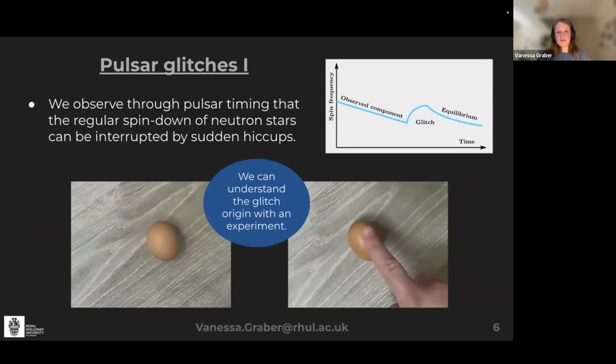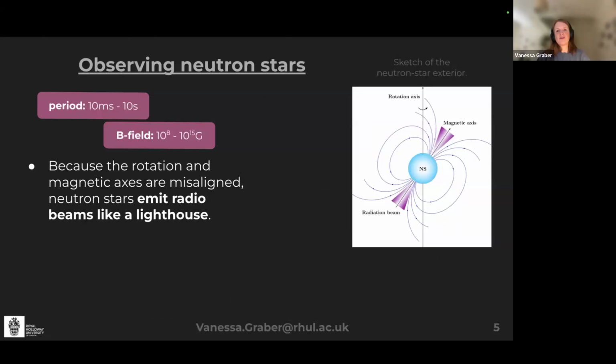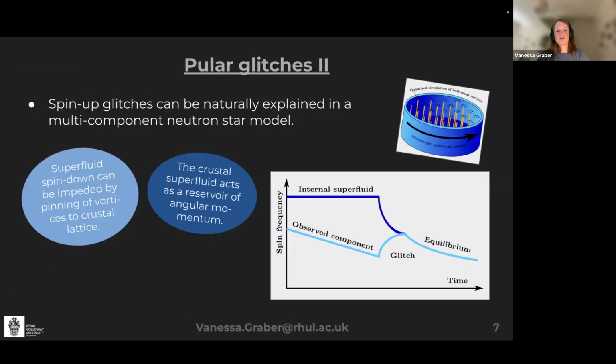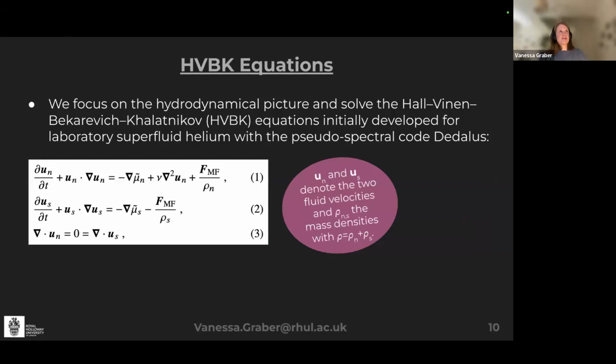Good question. You can play with different scenarios for how you model the different systems. It will always be an effective description of the system. Now I've made the assumption that my crust is the driver of this entire process.